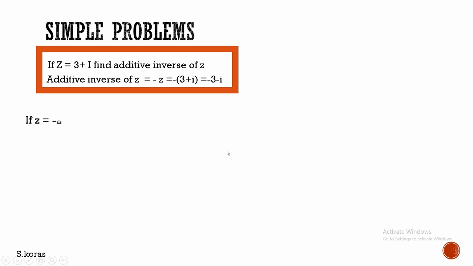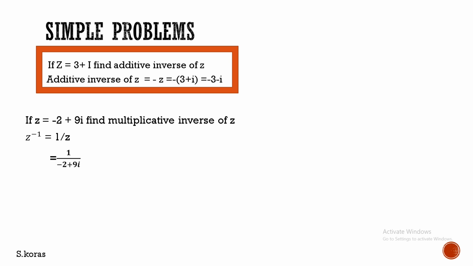Let us try to find the same type of thing with multiplication. Let us consider another complex number, z is equal to minus 2 plus 9i. Let us try to find the multiplicative inverse. As I told you, the multiplicative inverse for a complex number is 1 by z. So z inverse is equal to 1 by z. Now let us find the value 1 by z. For z, we write minus 2 plus 9i.